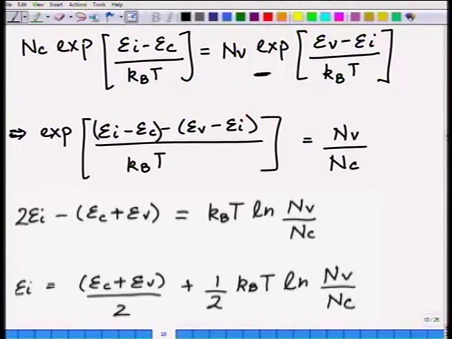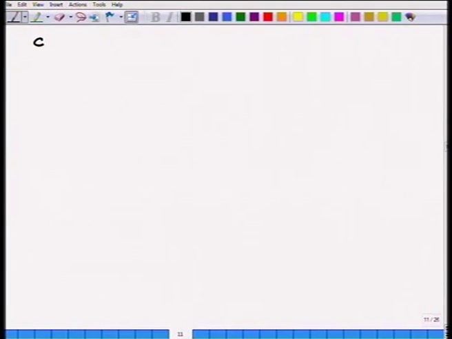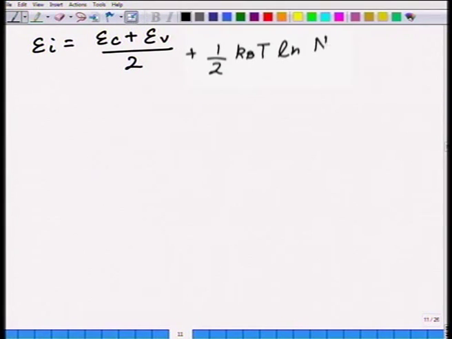So, what does that tell you? Let us repeat this one more time: EI is equal to (EC plus EV) by 2 plus half log NV by NC.